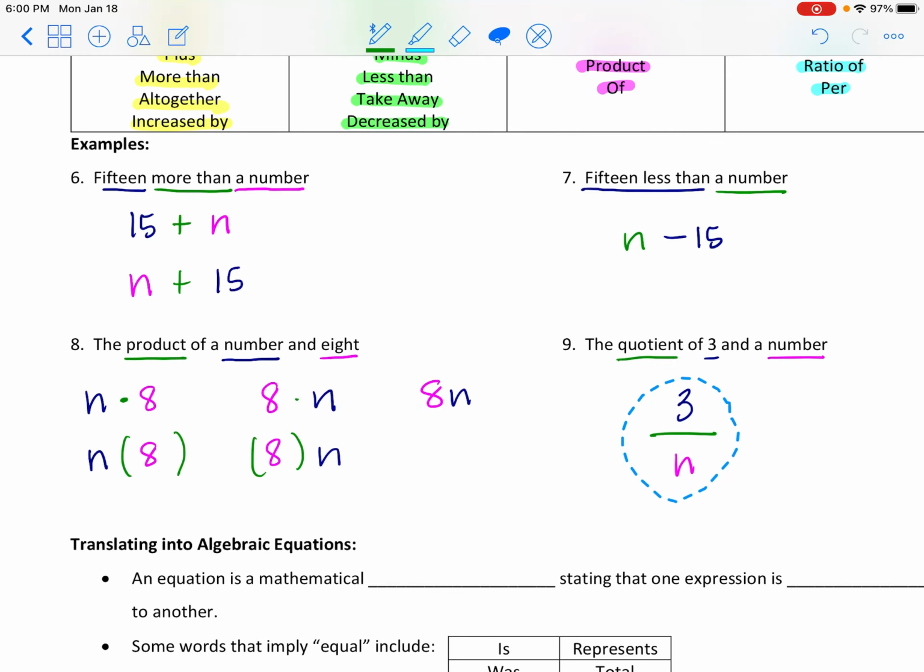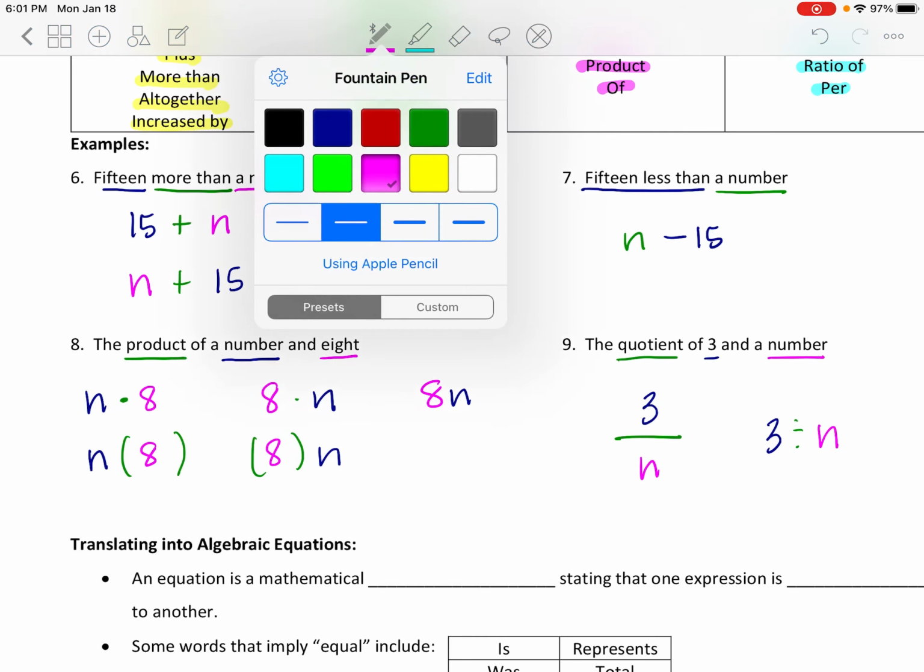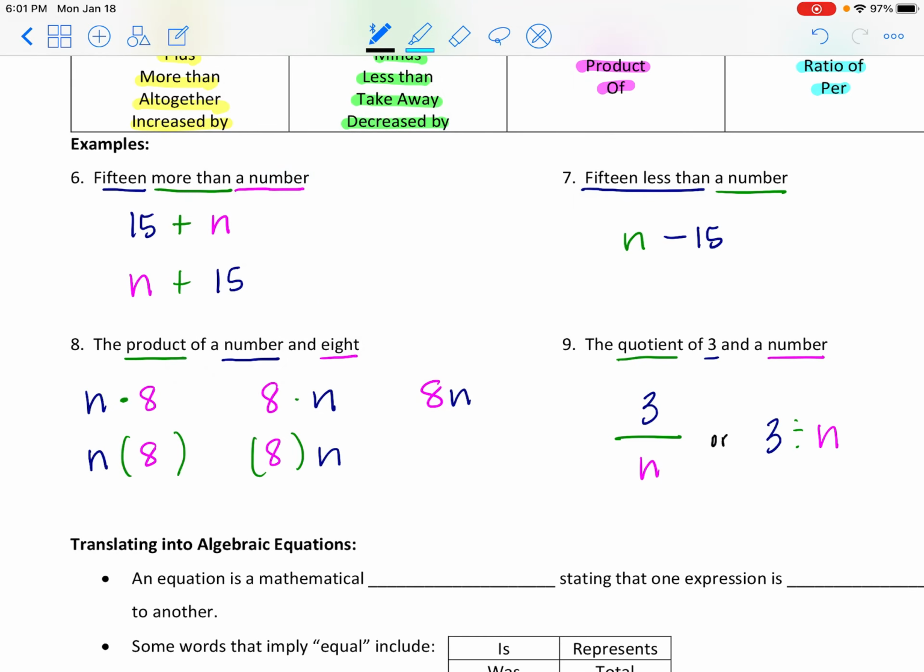That's one option there. You could also just use the division symbol. So you could say 3 divided by n this way. Okay, any of those would be options. And now I want to go through and put the word or on all of these. So it could be this guy, or it could be this one, or. Okay, so lots of options on some of these.